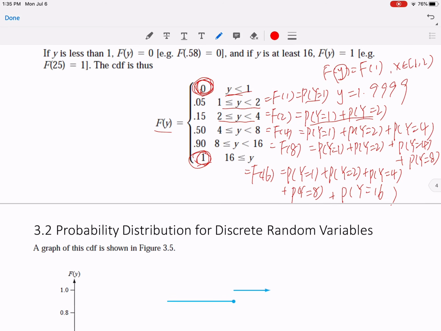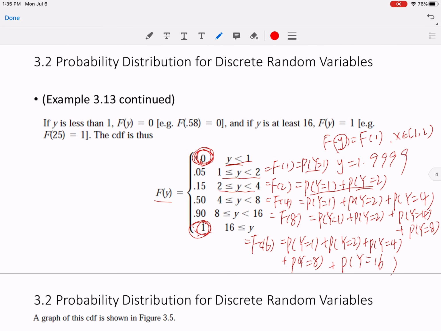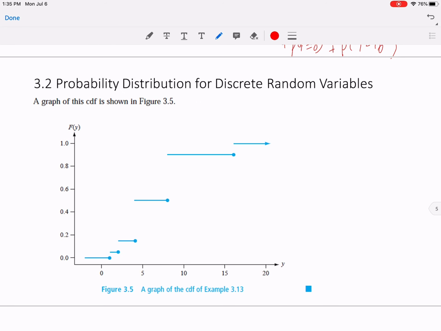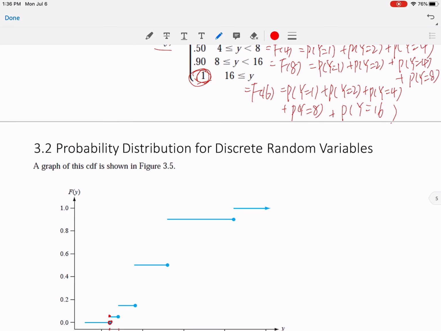And then between 1 and 2, so this is 1, this is 2. Actually, the solid point should be over here, and here should be the open circle. Because if this is 1, this is 2, f of 1 is supposed to be equal to 0.05.